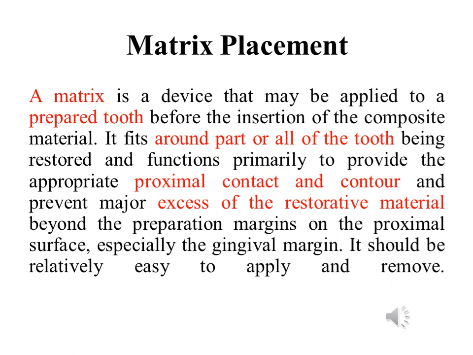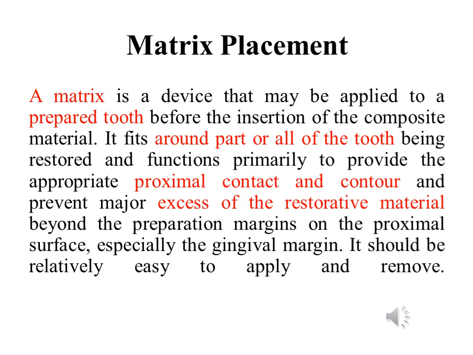Matrix placements. A matrix placement is a device that may be applied to prepare tooth before the insertion of the composite materials. مثل ما نعرف احنا بالأملغم كان عندنا الباند والماتريكس retainer. So in the composite also we have matrix retainer.